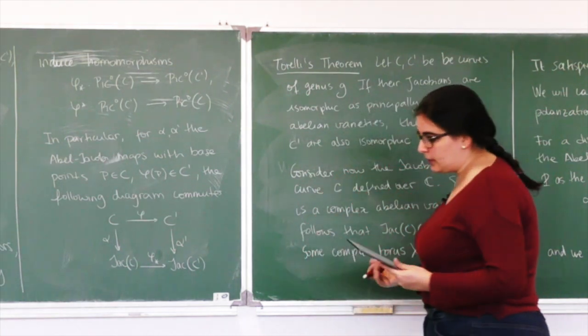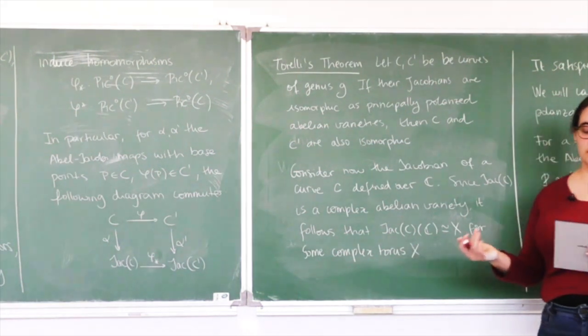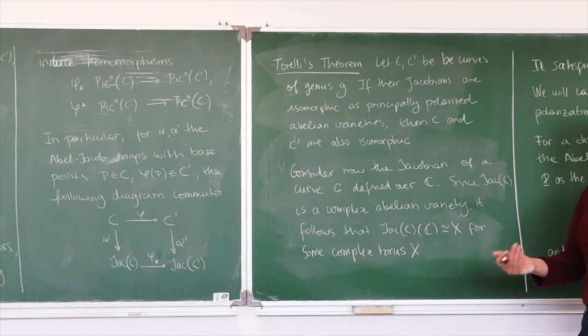So what we will do in the following section is to construct a complex torus that we can associate to a curve, and then state the result that tells us that basically that's the complex torus that is isomorphic to the Jacobian of the curve.